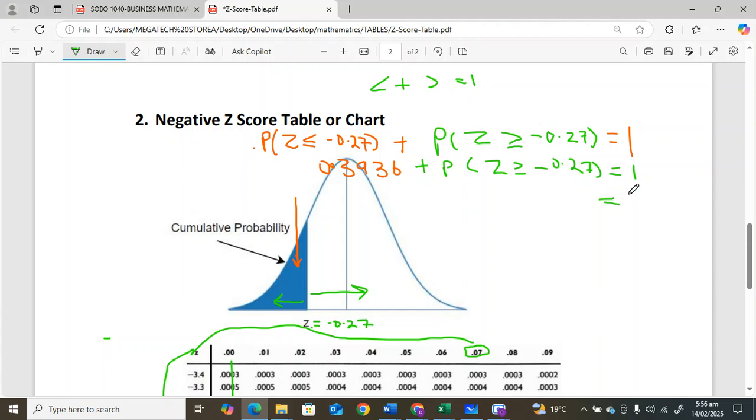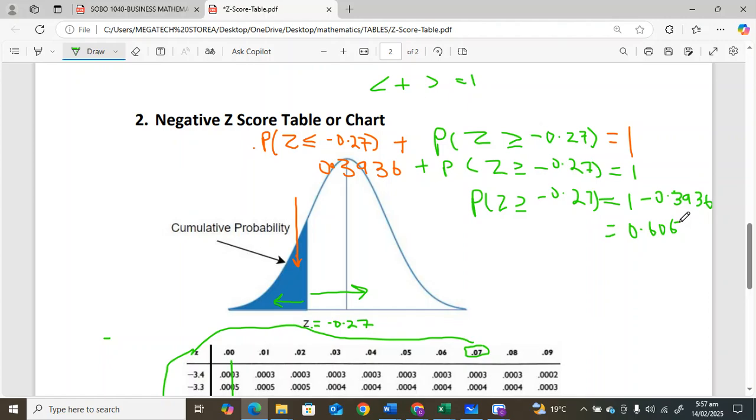So it becomes 1 minus 0.3936, which is 0.6064.